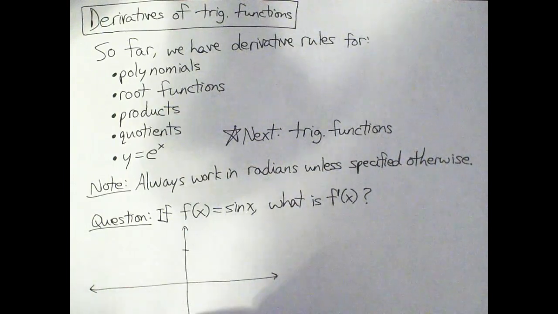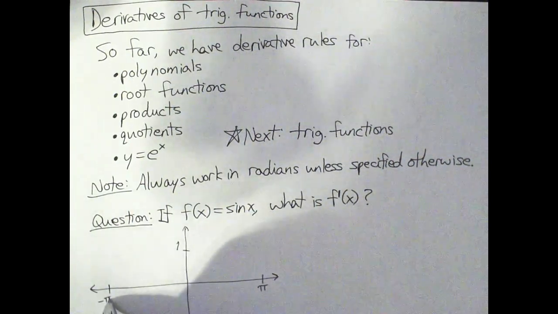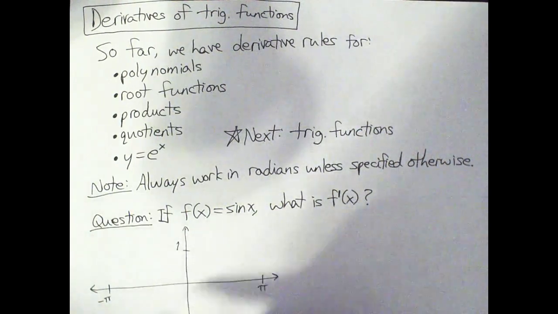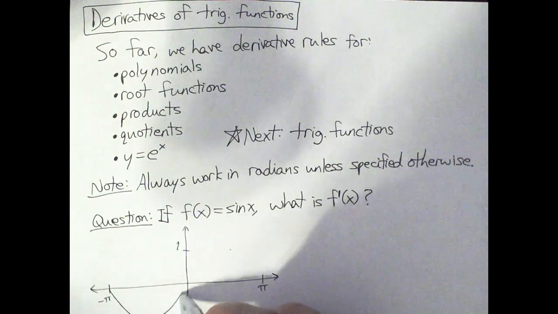You remember the graph of sine x, go up to 1, -1. Let's say this is pi, and that would mean over here is negative pi. Passes through the origin, right?